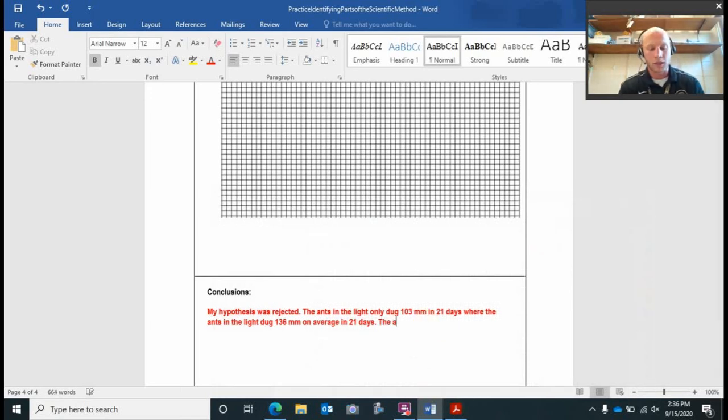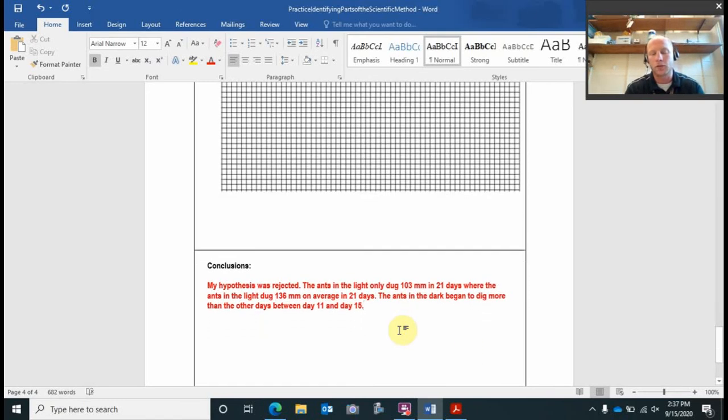So the ants in the dark began to dig more than the other days between day 11 and day 15, or it's like day 7 and day 15, you could say. Okay, and then we'll just kind of leave it there. But maybe if you're doing your own experiment, you would go and try to research, like, do these guys run in cycles?